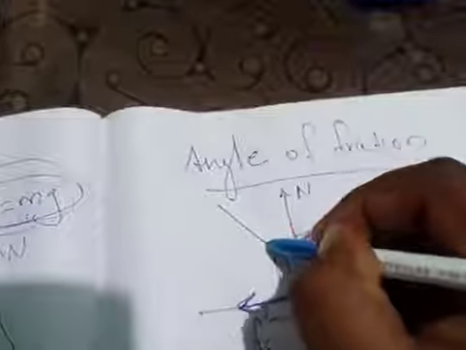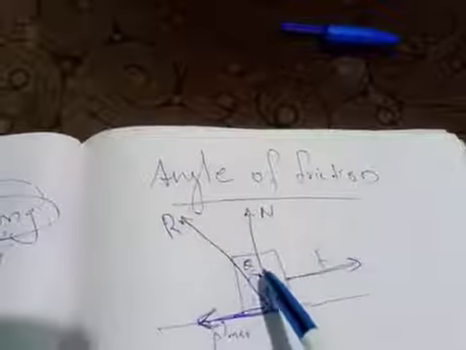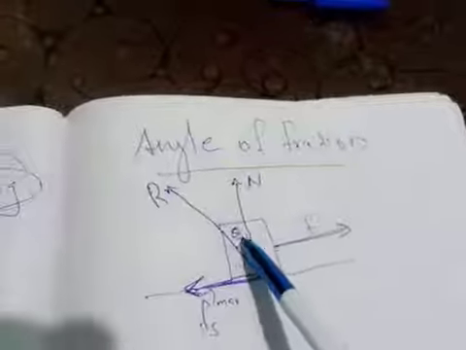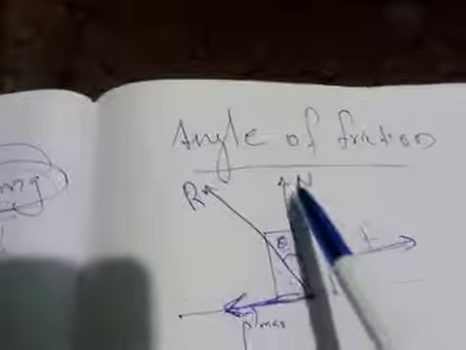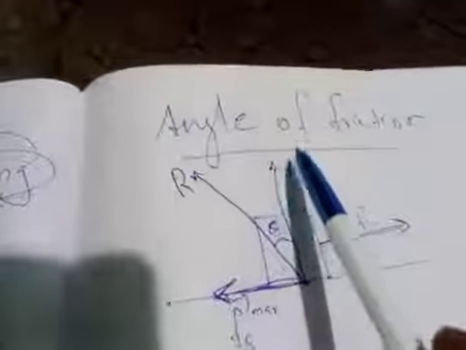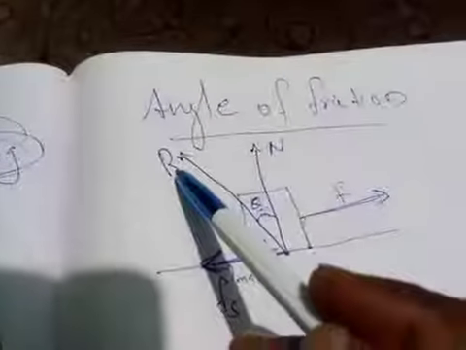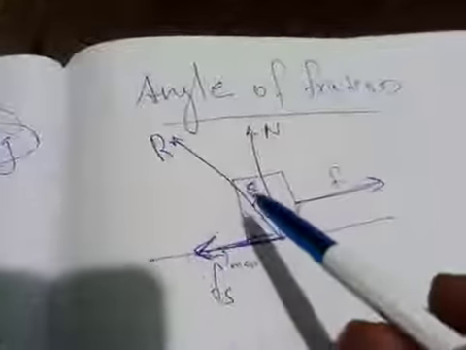Now this is the resultant force, and this angle is theta. This is the angle of friction. So the angle of friction is defined as the angle between the normal force N and the resultant force R of the normal force and the maximum frictional force.